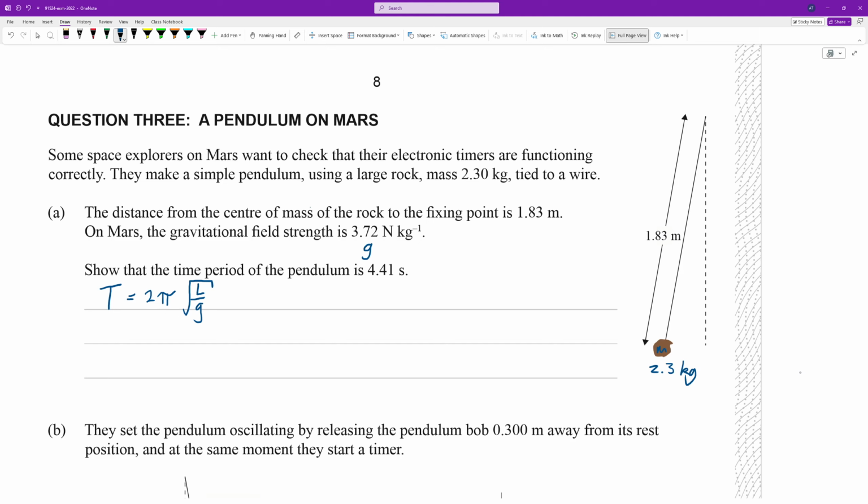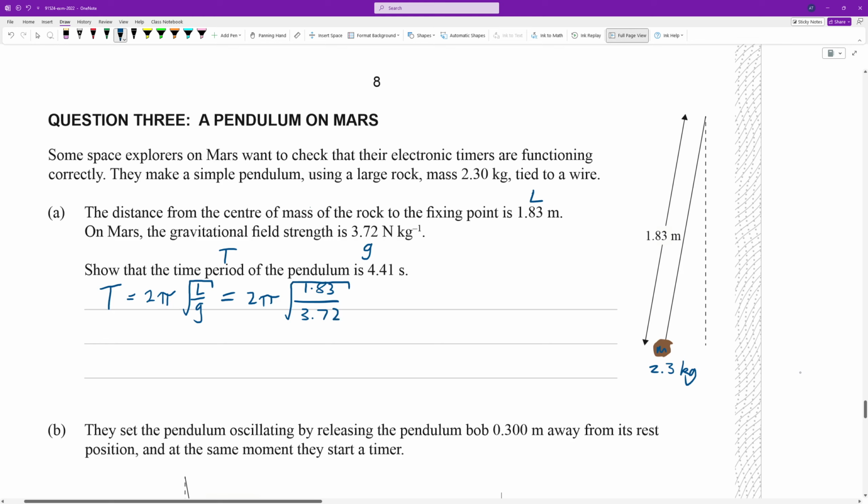So we found the formula we're using. Time period T, we know pi, we know the length, and we know the gravitational field strength. So we just substitute in the values and compute. 2 pi times the square root of the length, 1.83, over 3.72, which is g.